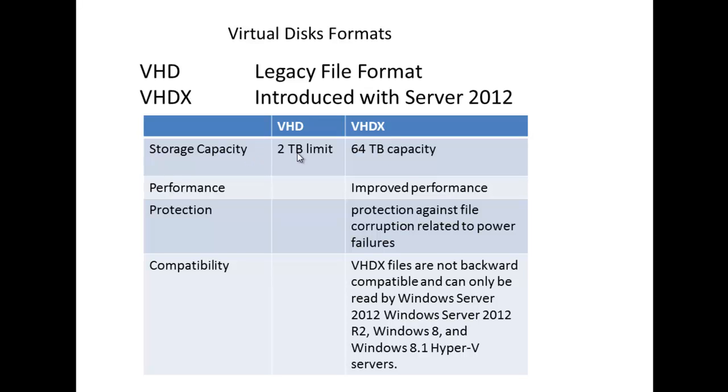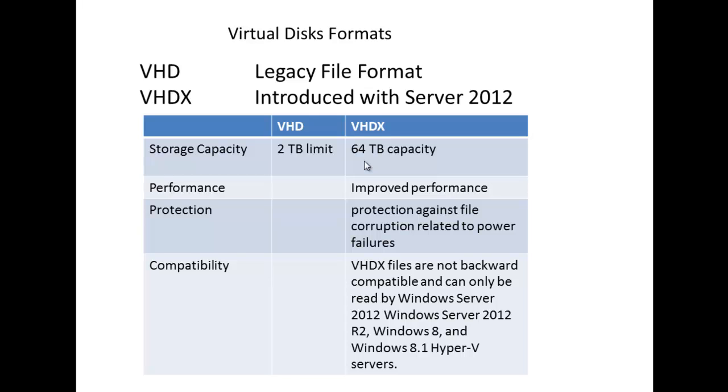The storage capacity. With the original virtual disk, you had up to a 2 terabyte limit for storage space. With the new VHDX virtual disk, you have up to 64 terabytes of space that you can use on that disk. Then there is performance.